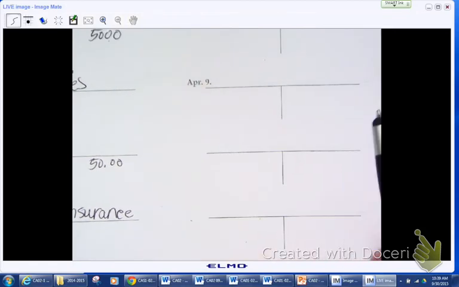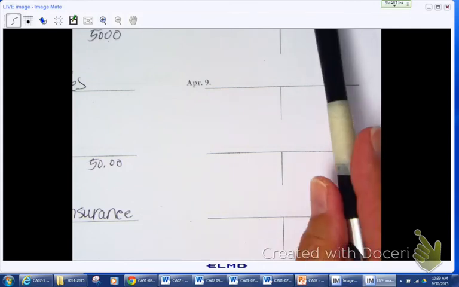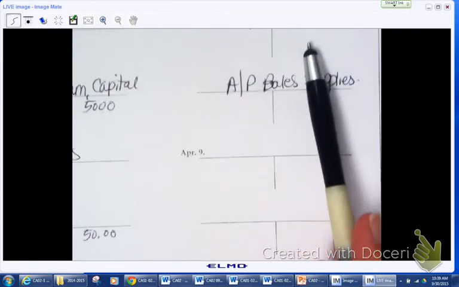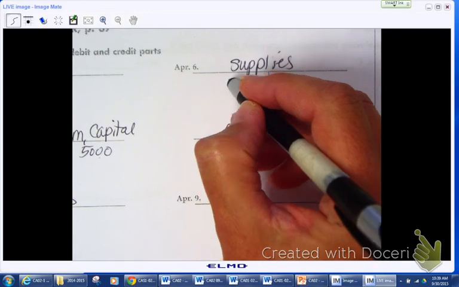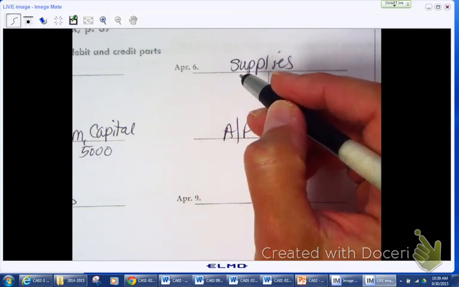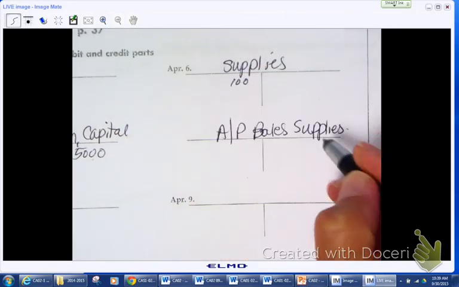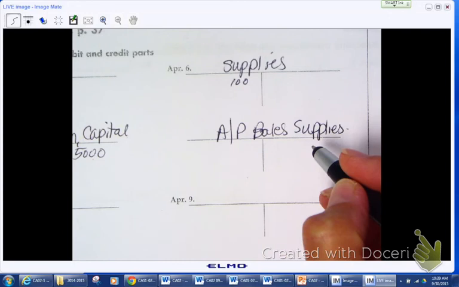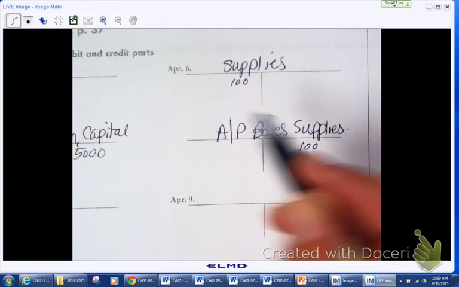How is each account classified? My supplies is an asset, and my accounts payable is a liability. What's happening to my supplies account? My supplies account is going to be increasing by the $100, and my accounts payable, Bales Supplies is going to be increasing by $100, so it will be credited.